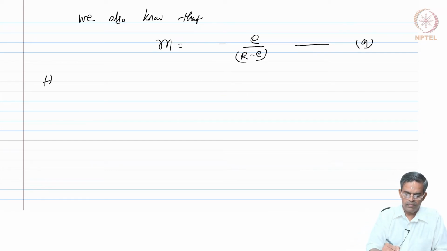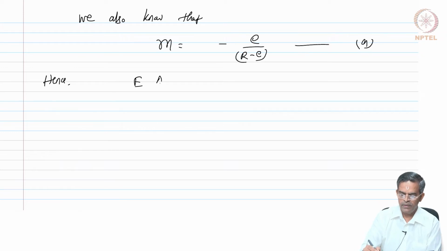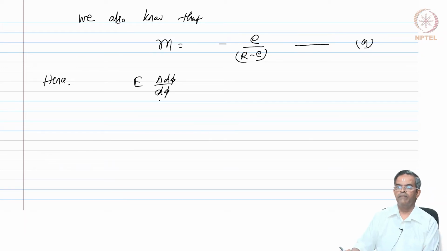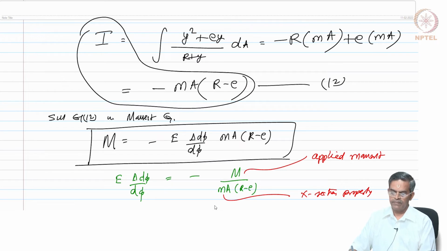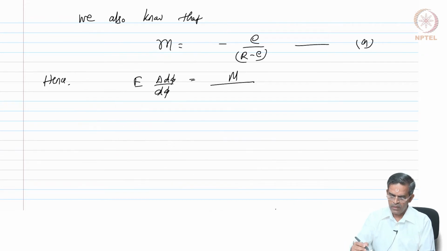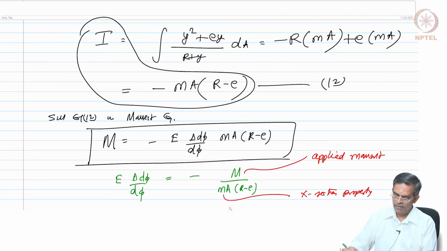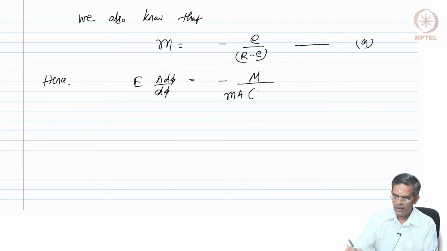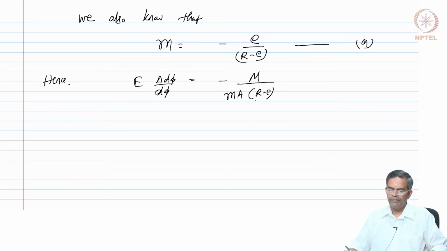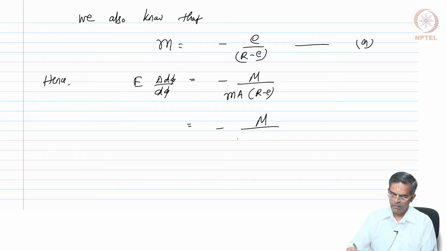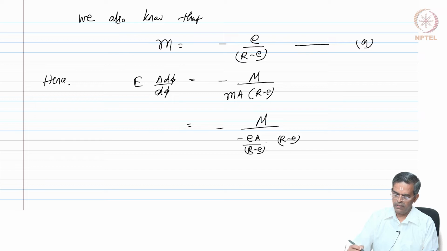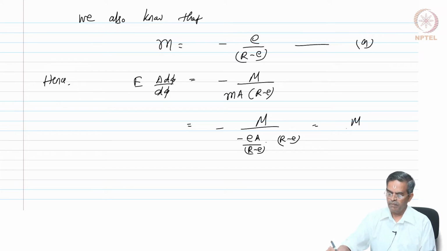Therefore, E d phi by d phi becomes minus M by MA (R minus E), which is now minus M by minus EA by (R minus E) into (R minus E), which will become M by AE.